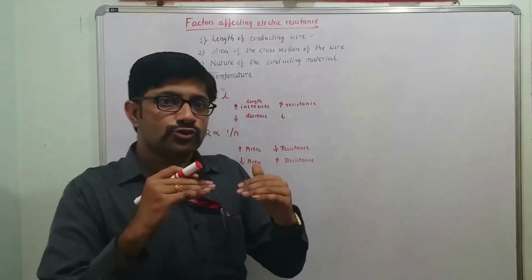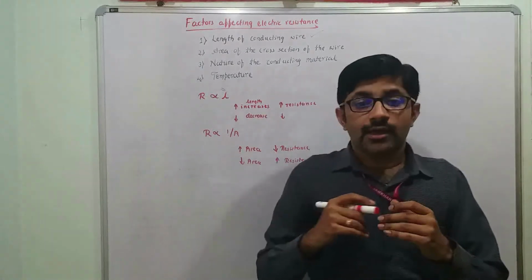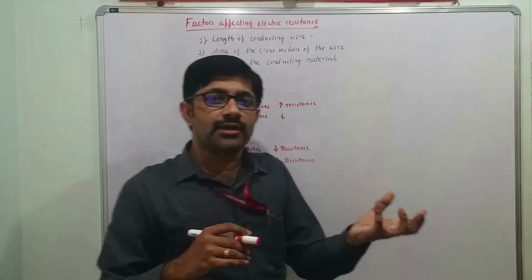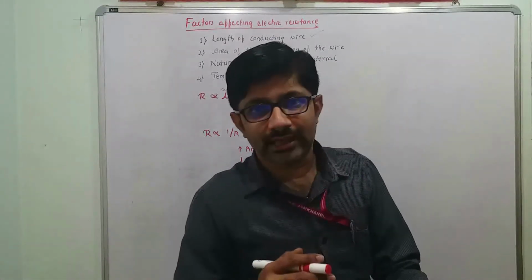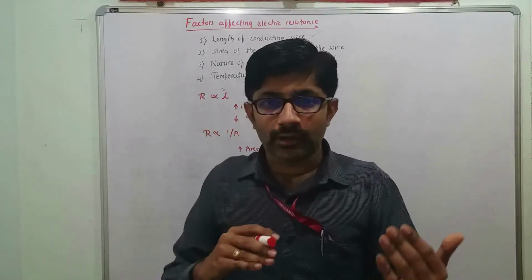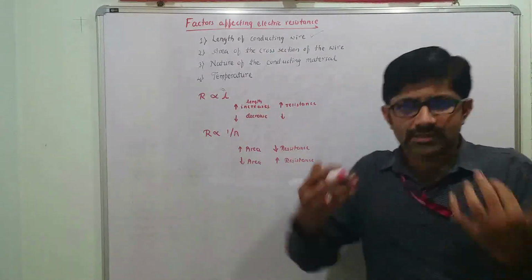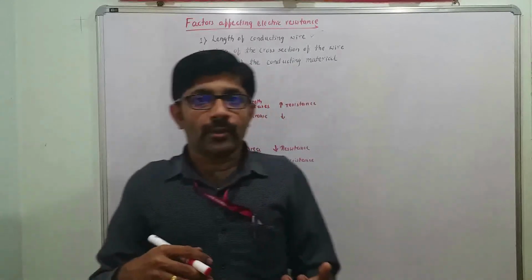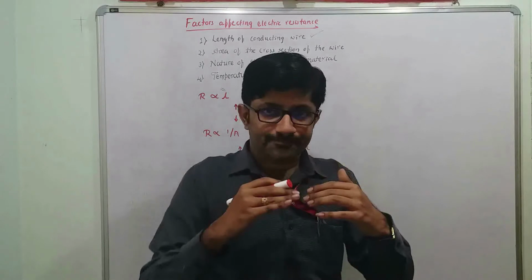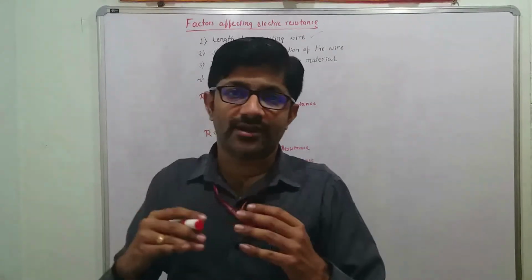If you take those two materials having the same length and same area of cross section, it is found that nichrome wire's resistance is almost 60 times more than the copper wire. Keep in mind that this is a very large value. In a metal like copper, having high current means low resistance. So nichrome has far more resistance, 60 times that of copper wire. This is how the nature of the material is affecting the resistance.